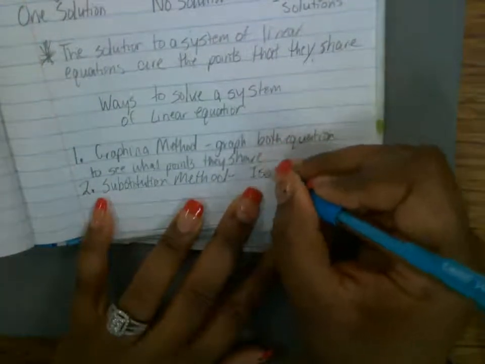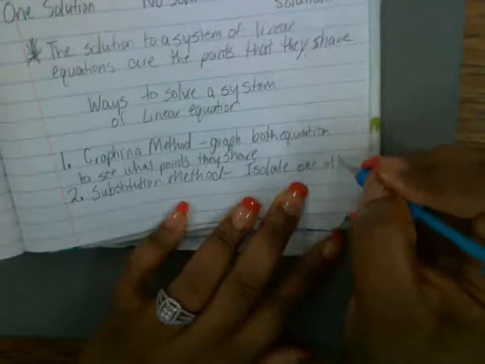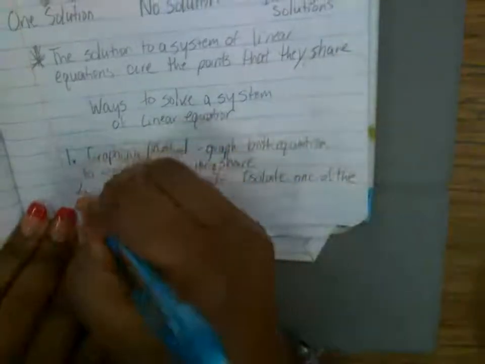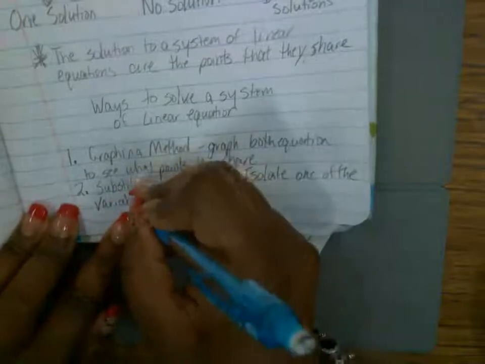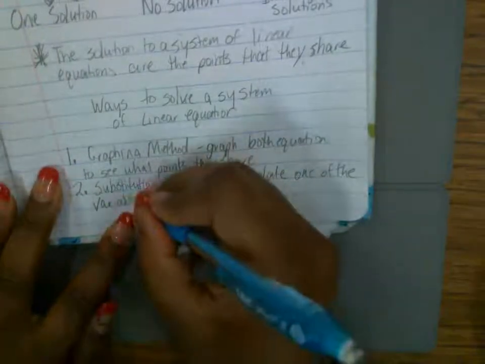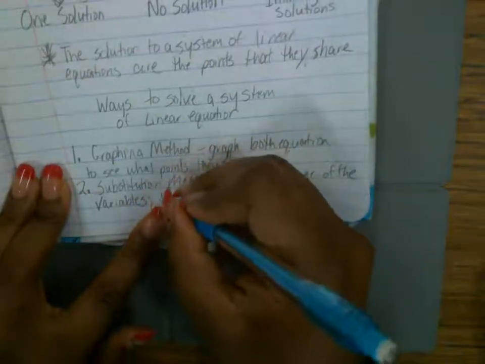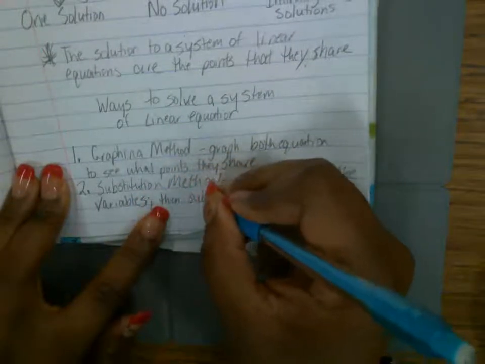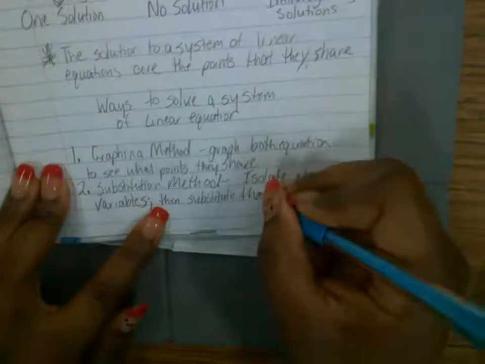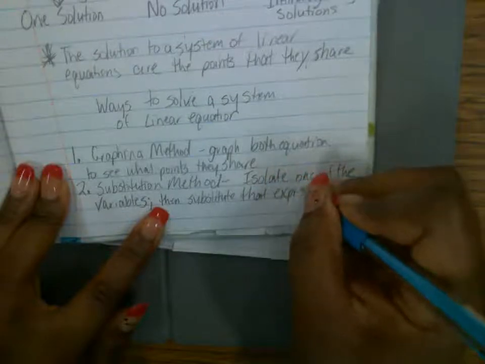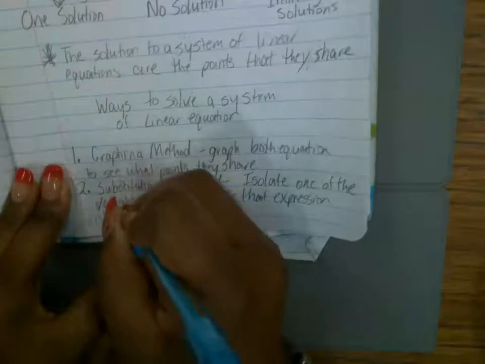So you isolate one of the variables and substitute that expression into the other equation.